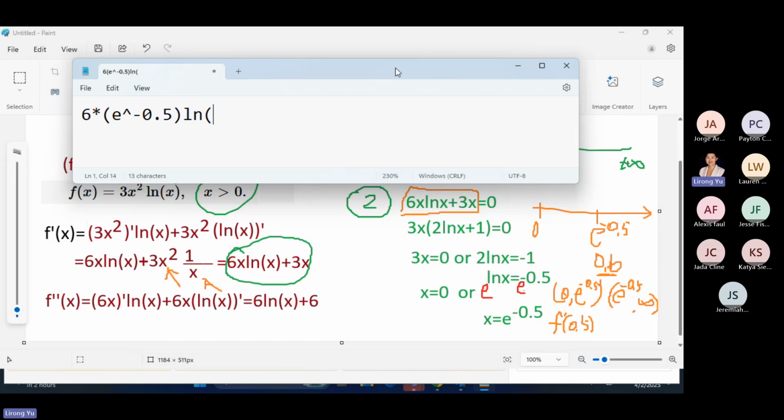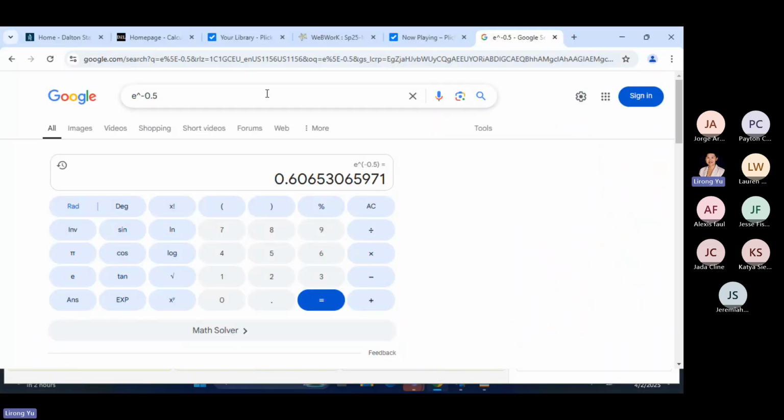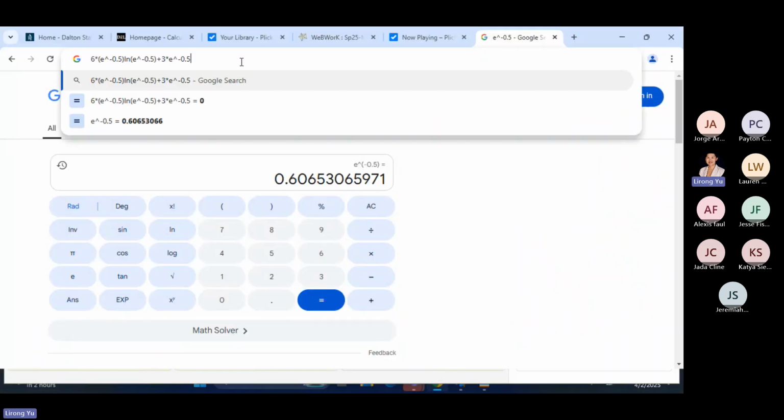And then there's natural log of e to the negative 0.5 there, and then plus 3 times e to the negative 0.5. Okay, so that's the entire calculation. As you can see, I'm not calculating it in my head anymore because I'm not able to do the natural log or exponential calculation by hand. So we can type this whole thing into a calculator.